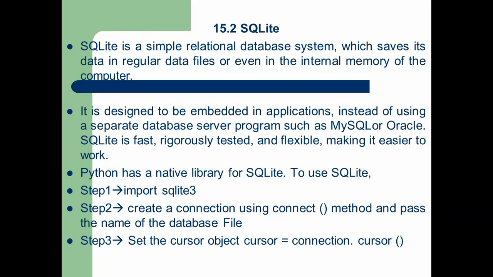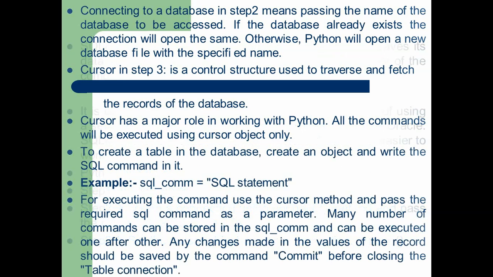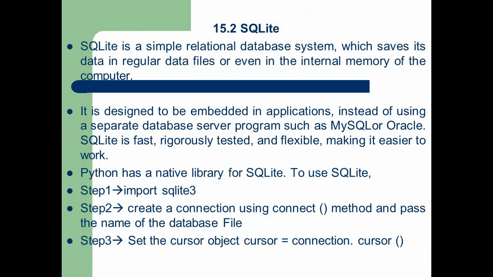Python has a native library for SQLite. To use SQLite, we should follow three simple steps in Python. Step 1, we should import the module sqlite3. Step 2, create a connection using the connect method of the module sqlite3 and pass the name of the database file.